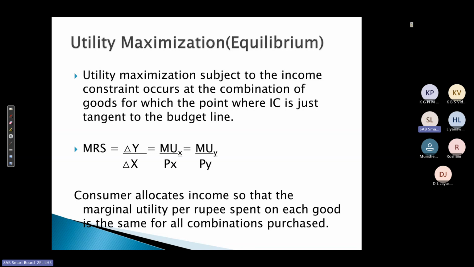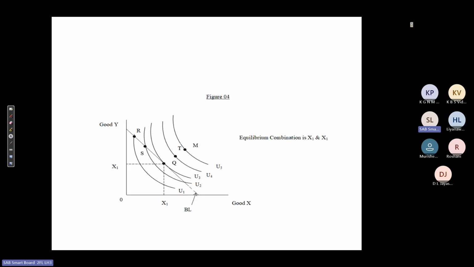So this is the equilibrium point, the tangent. In the indifference map there can be different indifference curves, different levels of satisfaction that the consumer can gain by consuming different combinations. But that depends on the income.